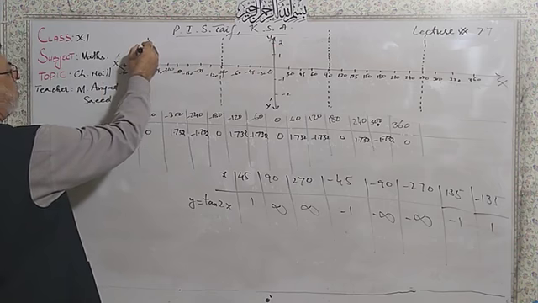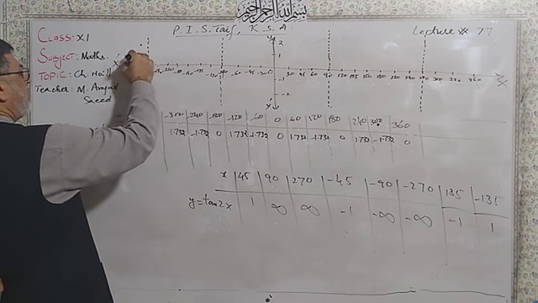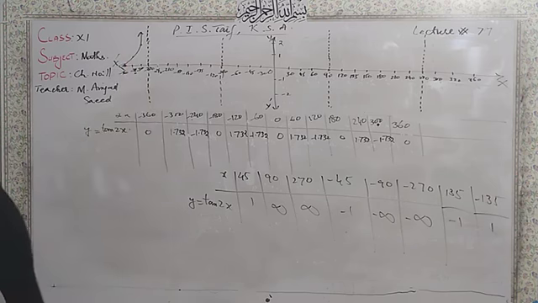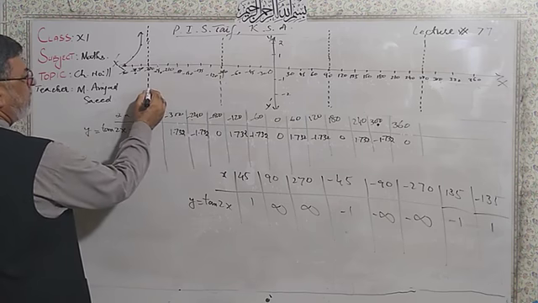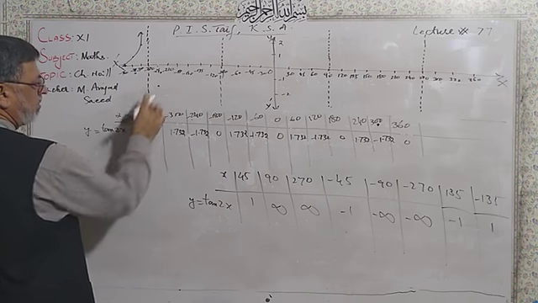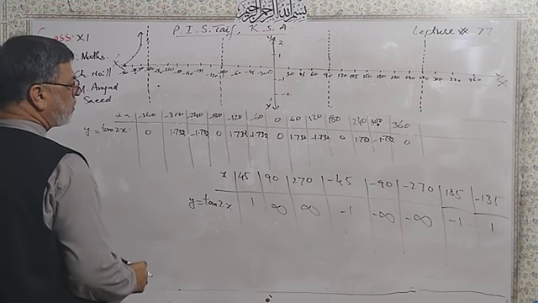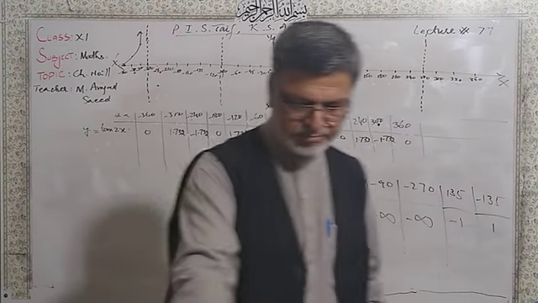This is 2, this is 1.732. So you will have the point like this. After that, minus 240 is minus 1.3. Here it is minus 1.3, minus 1.32.